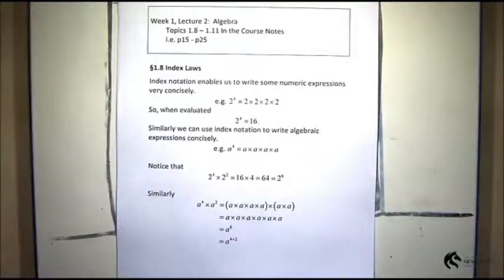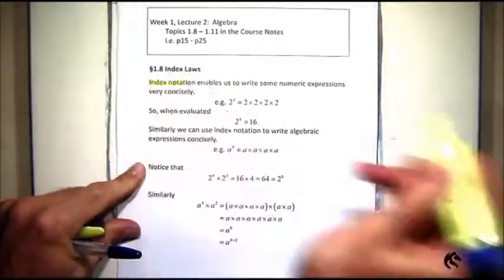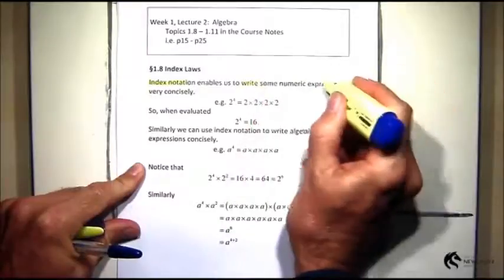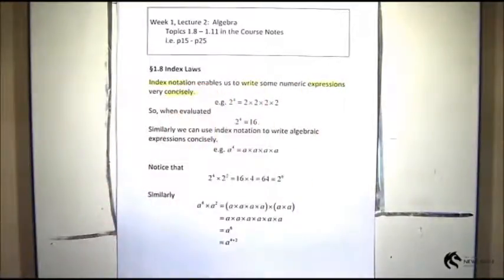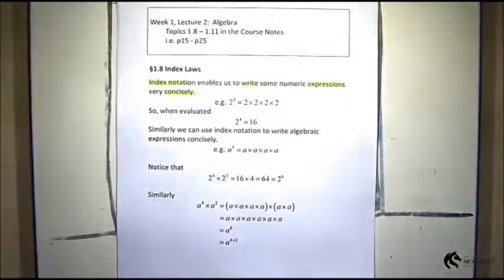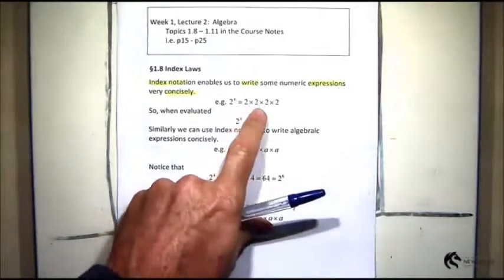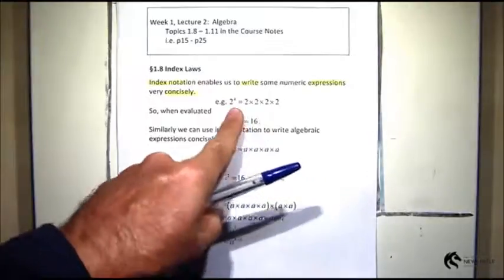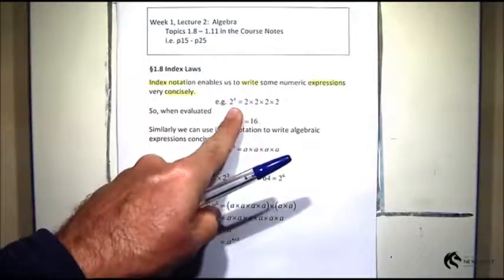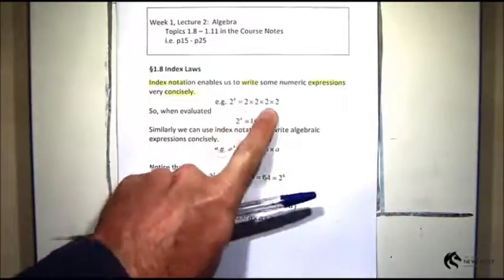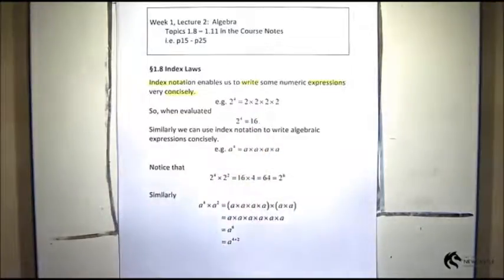So index notation allows us to write expressions concisely. For example, instead of writing 2 times 2 times 2 times 2, we write that as 2 to the power 4. That's index notation. 2 to the power 4 is a much more concise way of writing 2 times 2 times 2 times 2.